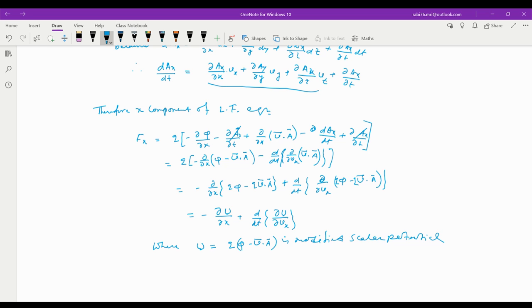And the Lagrangian equation is the same. The Lagrangian equation will be the same, x component at least. Then the x component we can write as d/dt of del u by del vx.